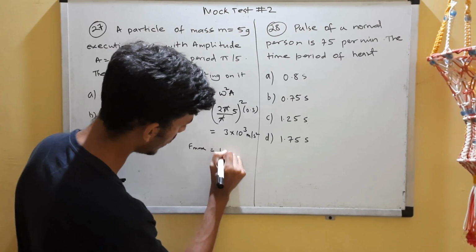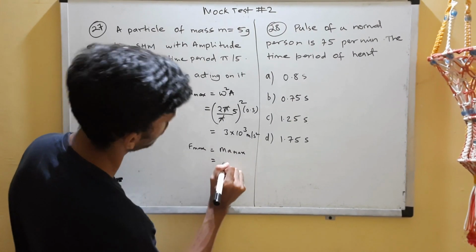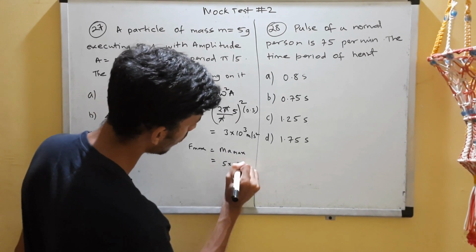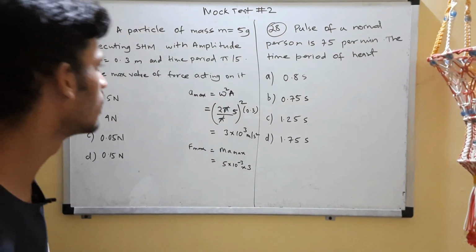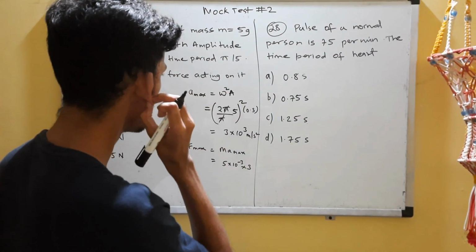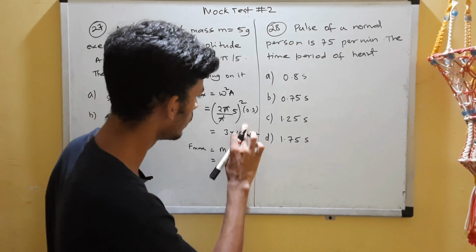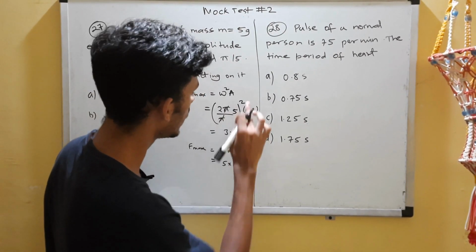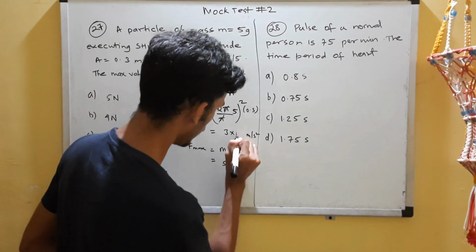It will be nothing but mass into maximum acceleration, right? Mass is 5 grams. 5 into 10 to the power minus 3 into 3, something going wrong over here. 10 squared, that is 100, I guess. So here we made a mistake. So 5 2s are 10, 10 squared 100, and 1 10 I have to multiply.